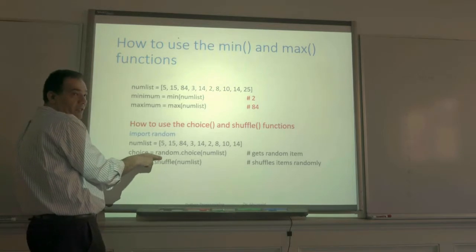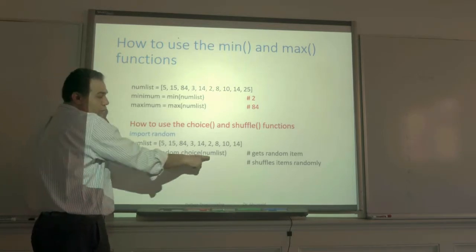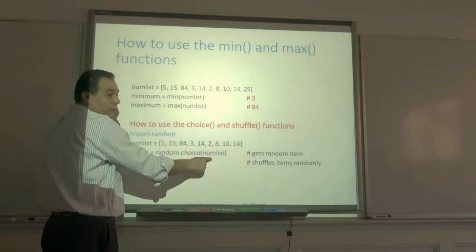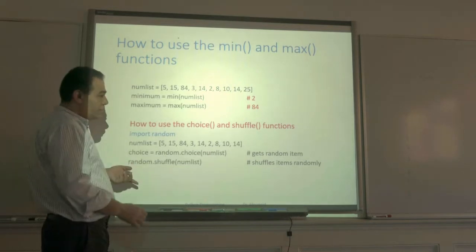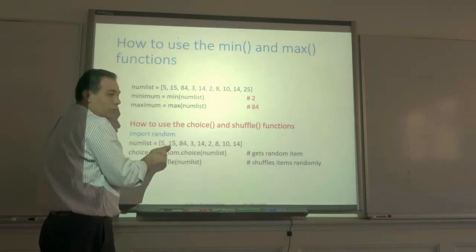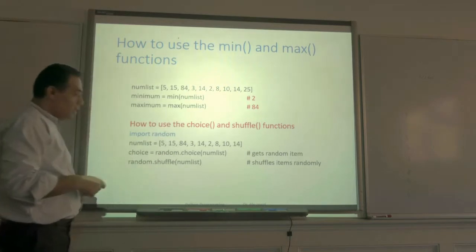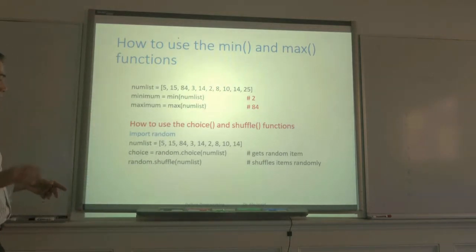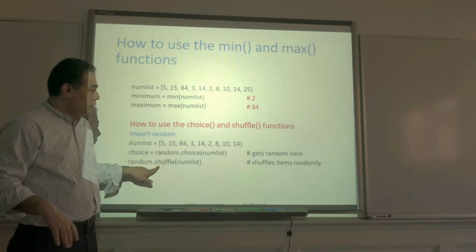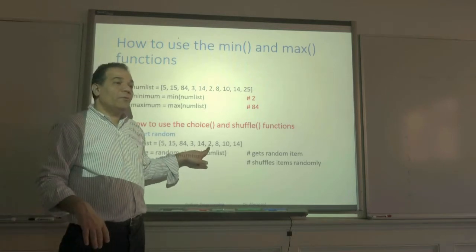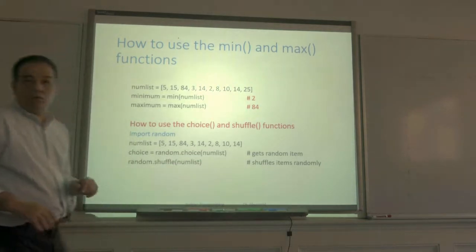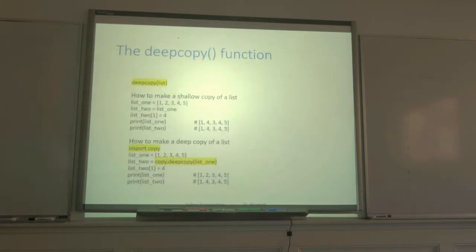So you have to call the module random, choice, and the list. If you run it the first time, it could give you 14. The second time could give you 15, right? Unless you fix the seed. We'll talk about it later. And what does shuffle do? Shuffles the values. So every time you run it, it will shuffle it for you. All right? Unless you fix the seed.